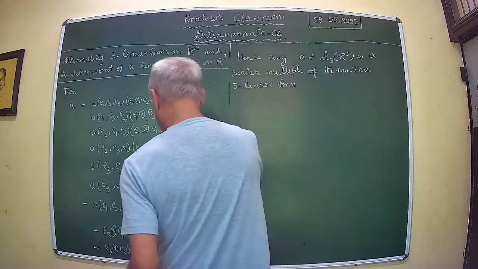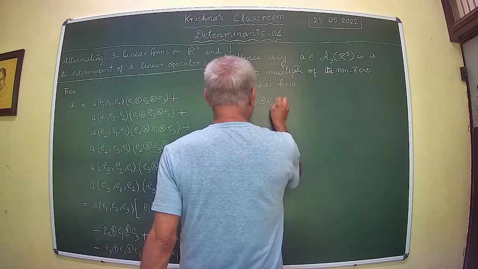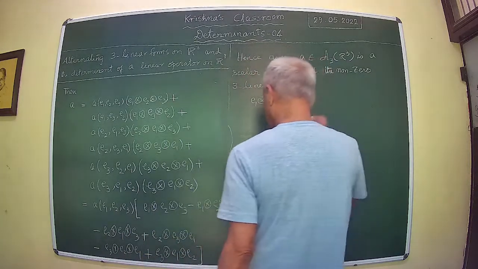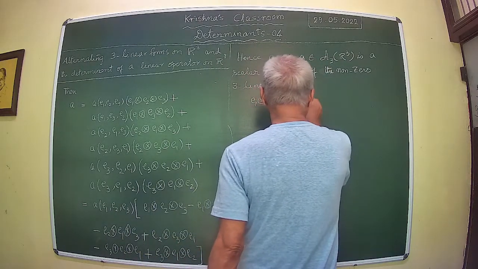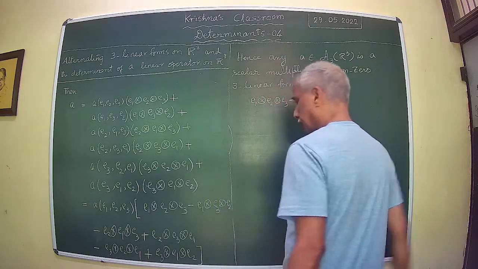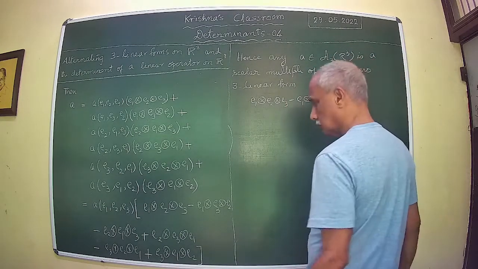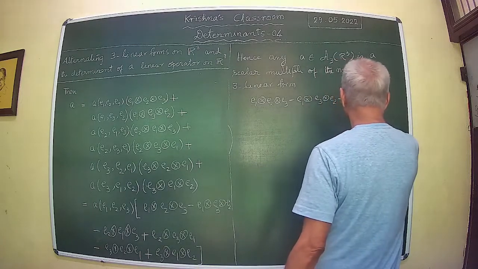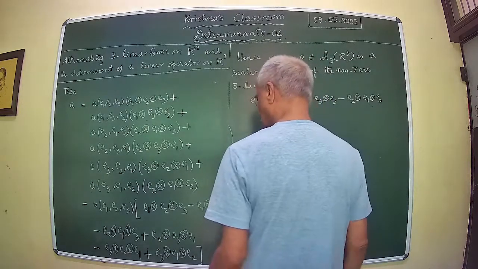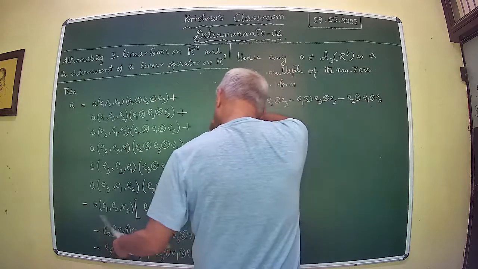You can write down what it is: E1 cross E3 minus E1 cross E3 into minus E2 cross, plus, what's it?